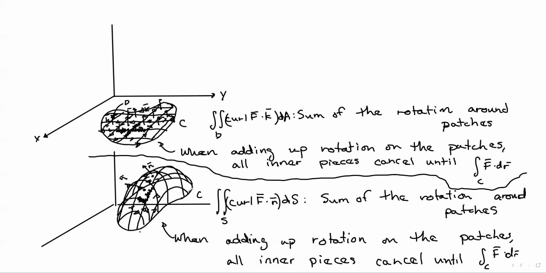So what we're claiming here is that it's consistent. If you just take k and replace it with n, you end up getting the same thing. That's not completely unreasonable. We did prove that the curl of F dot k is the rotation around k for Green's. And then we're claiming that the curl of F dot n is the rotation around n. So we're claiming that it basically behaves the same way.